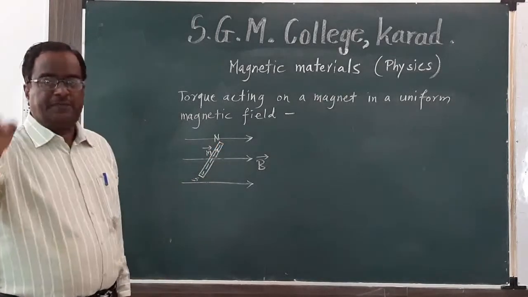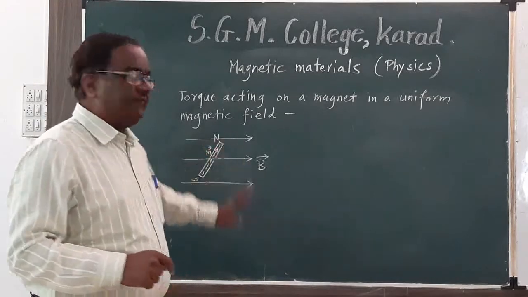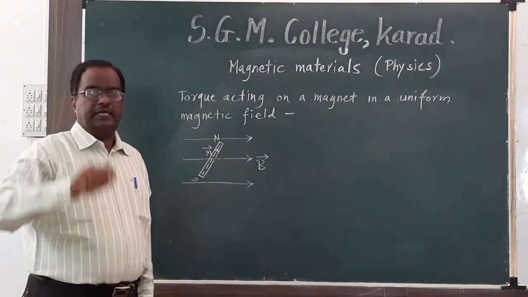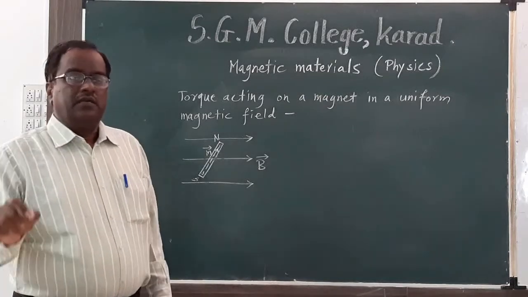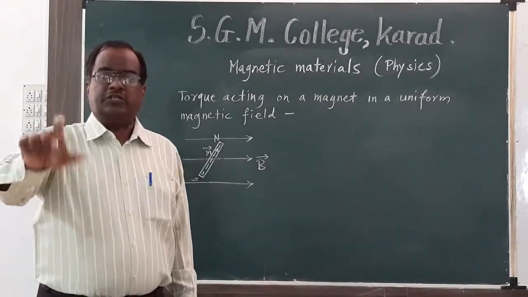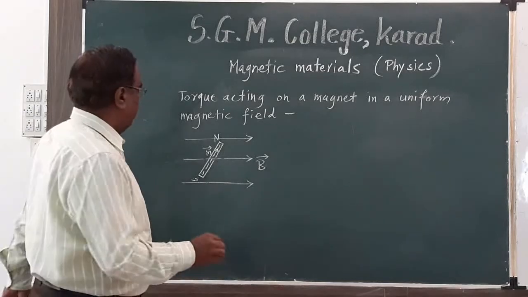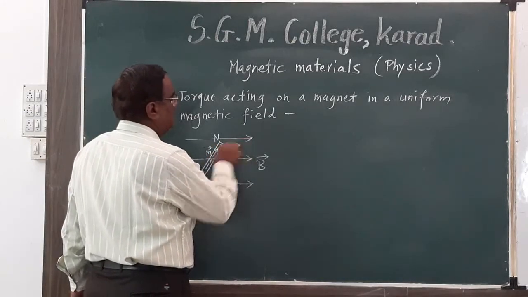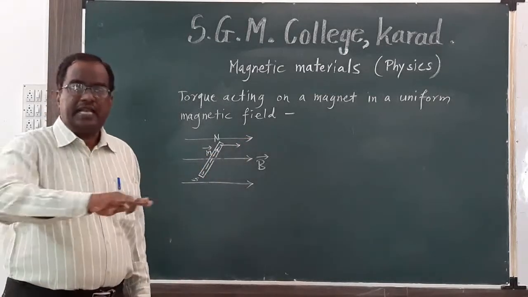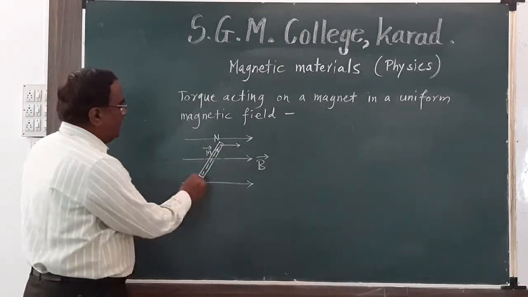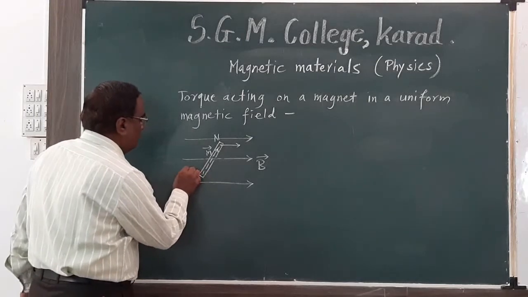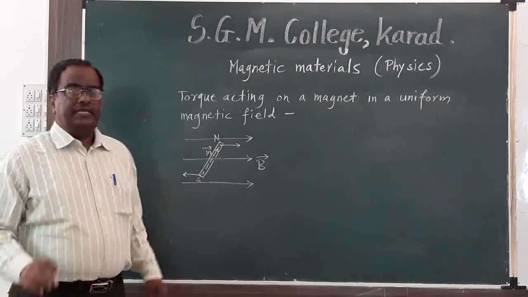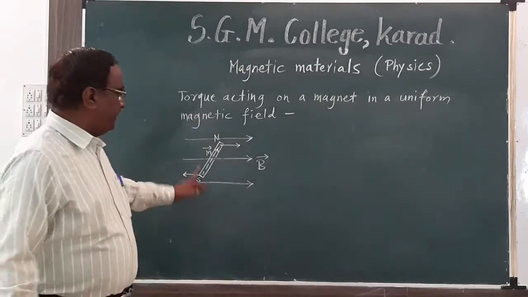When the magnet is suspended in uniform magnetic field, then the forces will act on each pole. The force acting on N pole is in the direction of the field, while the force acting on the S pole is in the opposite direction of the field.